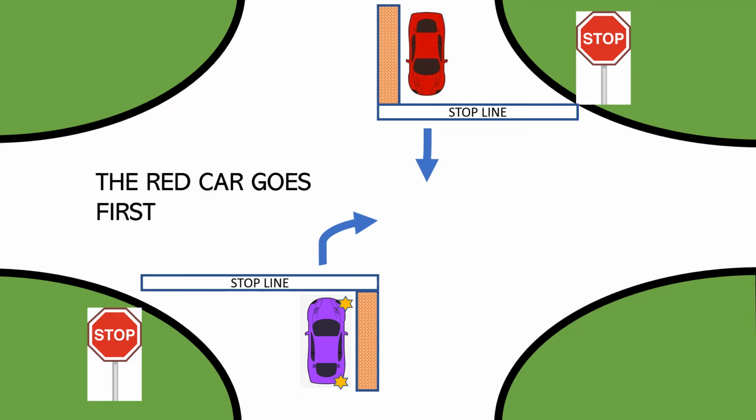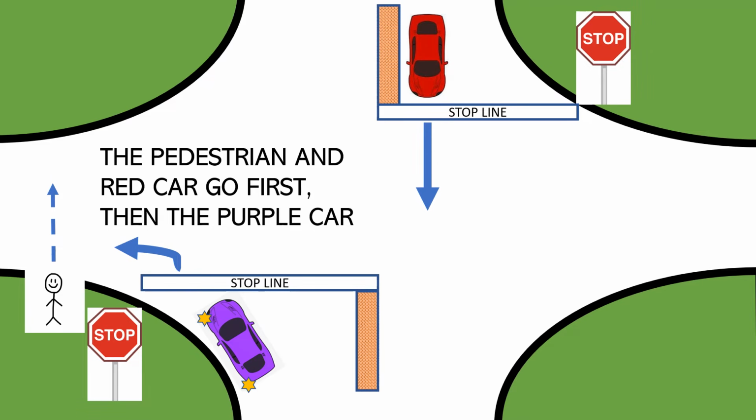Now, the problem arises sometimes in that the driver on the other side, that is, the driver of the red car, doesn't understand road rules and hesitates. Now, if you're doing your driving test in the purple car and the other driver hesitates, you cannot go, because it's non-negotiable. You cannot do a right-hand turn across the path of a car that's travelling straight ahead or turning left. If you go, you will fail your test.